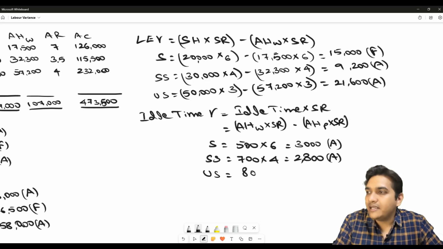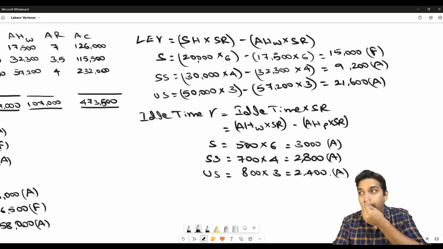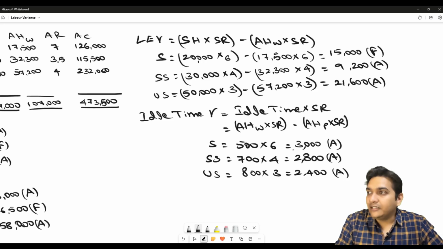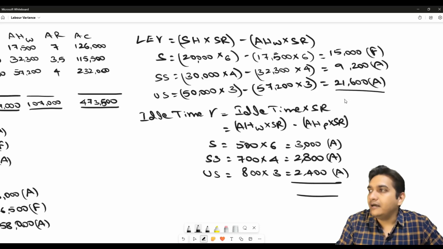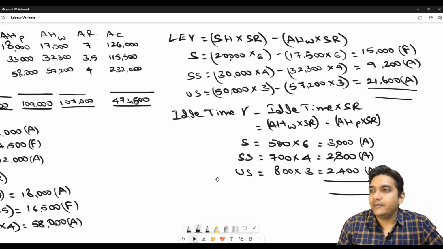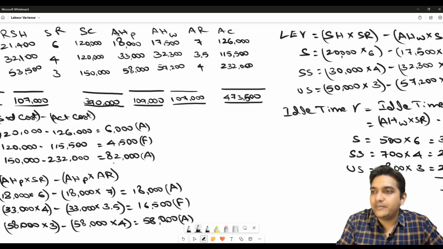Unskilled is how much? 800 into 3 is 2400 adverse. 8400 adverse, right? Remember, you also have to give the totals of these. I have not calculated it, but you please provide the totals also for these in your examination.